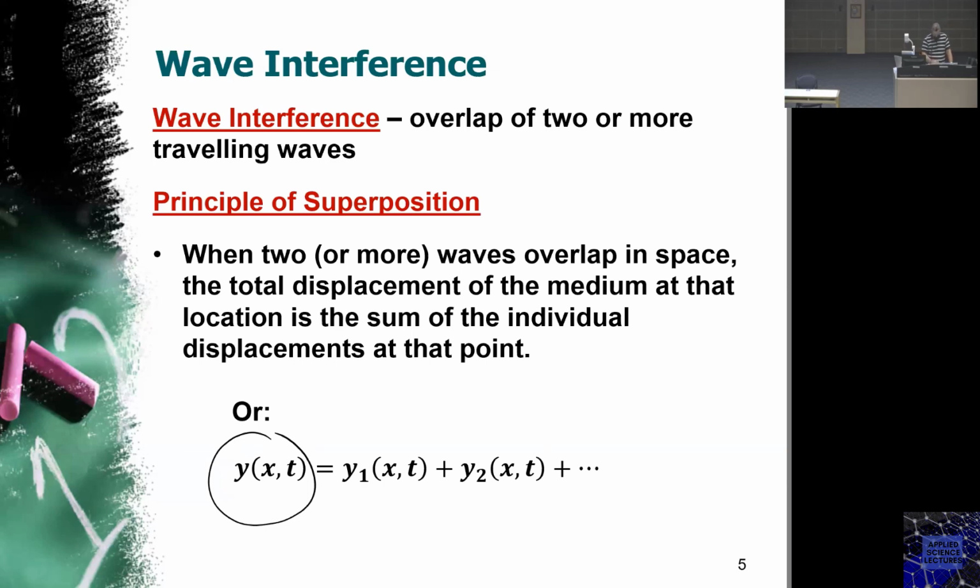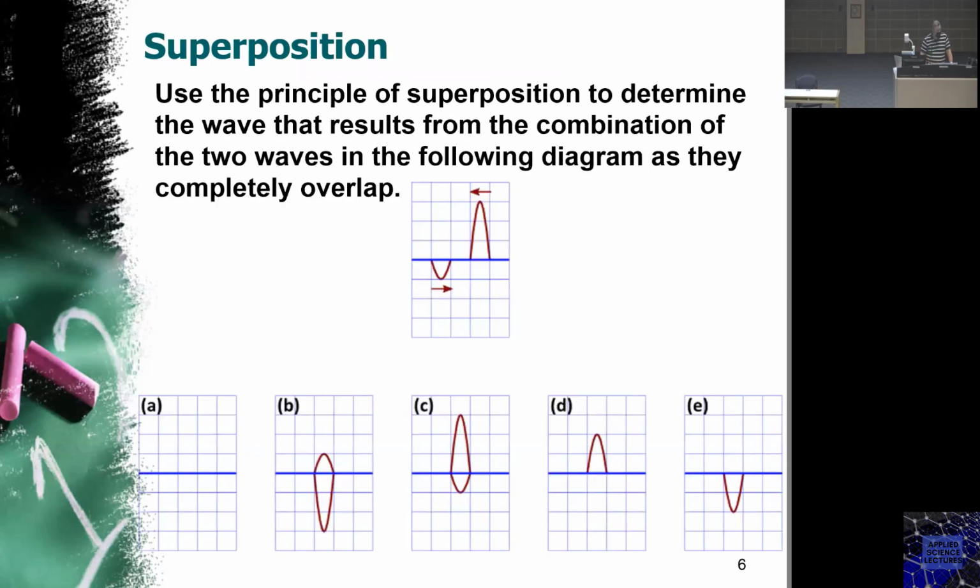And that's the principle of superposition. So if we look at this example here, this example reads the following: use the principle of superposition to determine the wave that results from the combination of the two waves in the following diagram as they completely overlap.